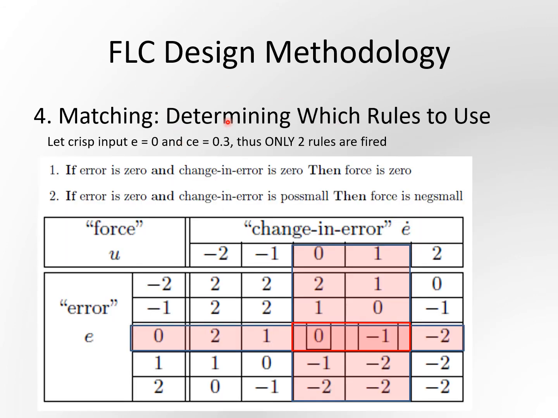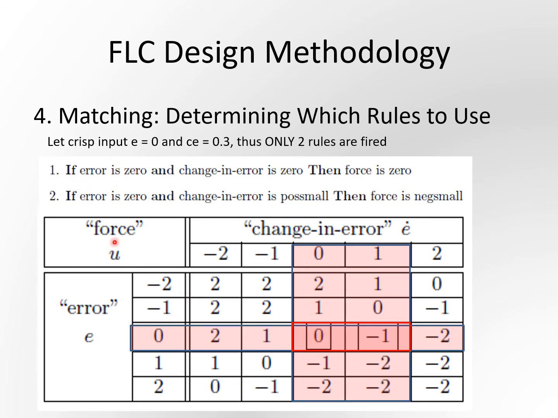And finally, we want to mesh the rules, as we said before, once we have the input values. For example, if we have an input E equals 0 and change in E equals 0.3, then we have 2 rules fired here. Looking at this, error is 0 and change in error is 0: if this rule is fired, then the force is 0.